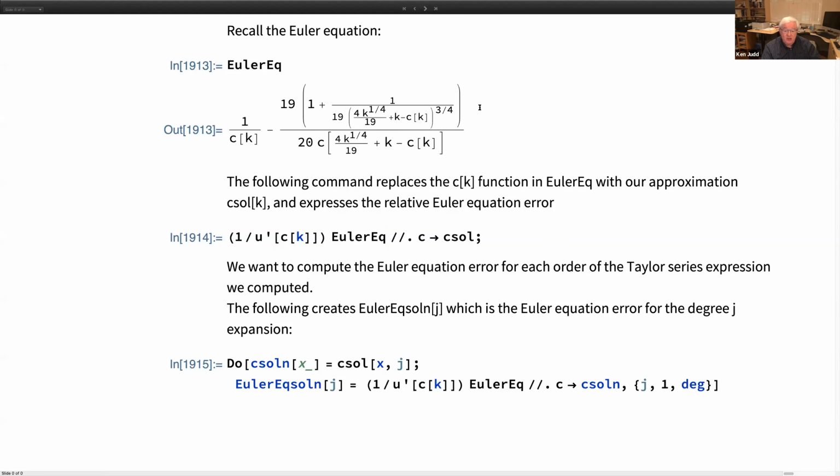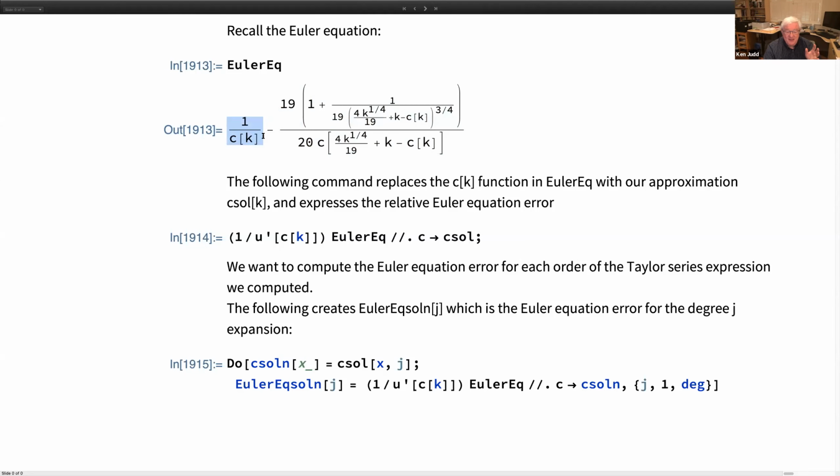Now, here's the Euler equation error. If I want to come up with a measure of the errors, I want to take out units. So in particular, I want to divide by u prime of c.